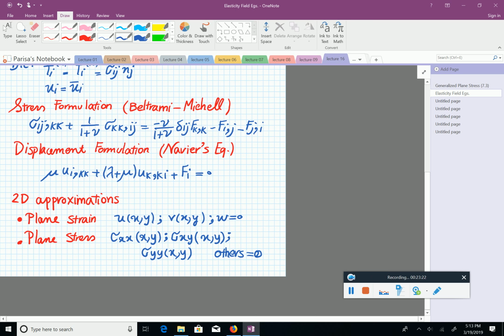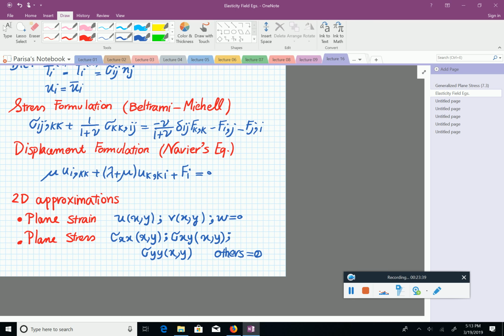Sigma zz, sigma xz, sigma yz, those other components are 0. So if I wanted to summarize everything we did in this semester so far, half of the semester considering the snow and cold days, this is this one page, right?